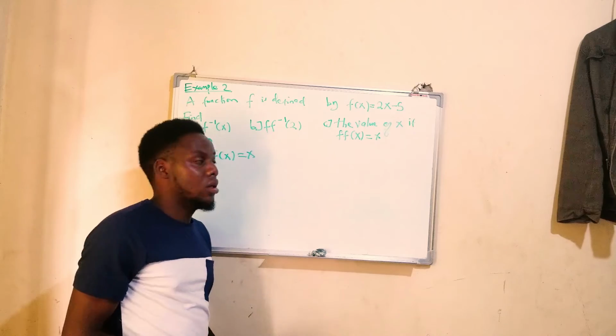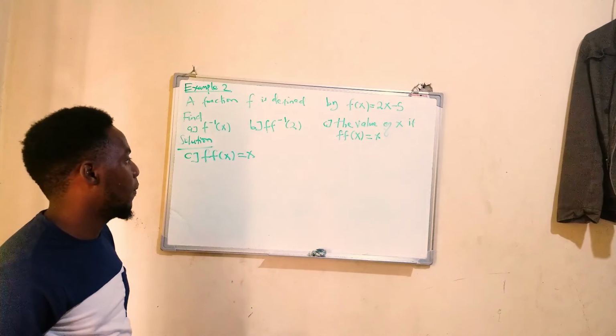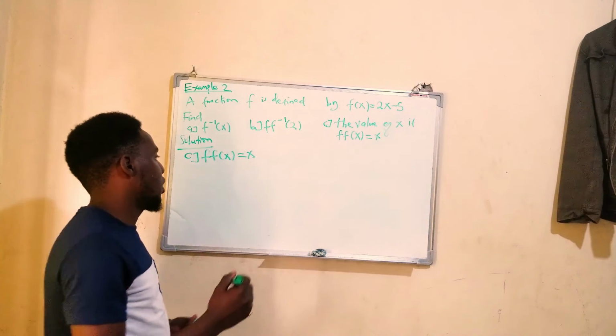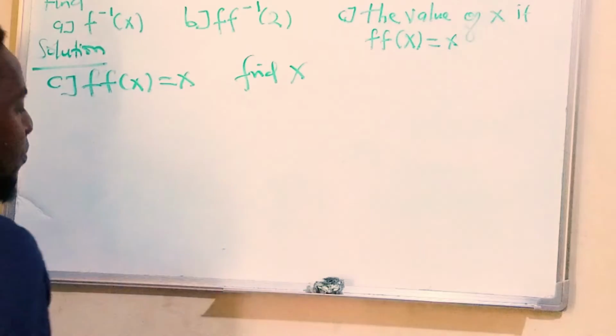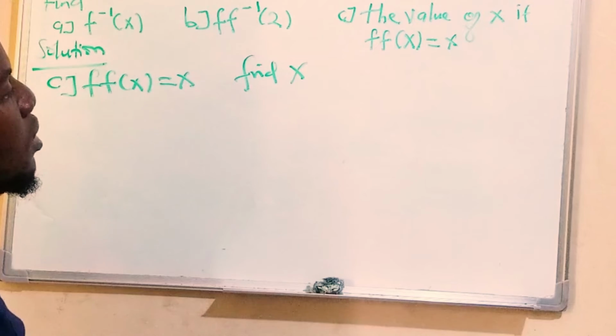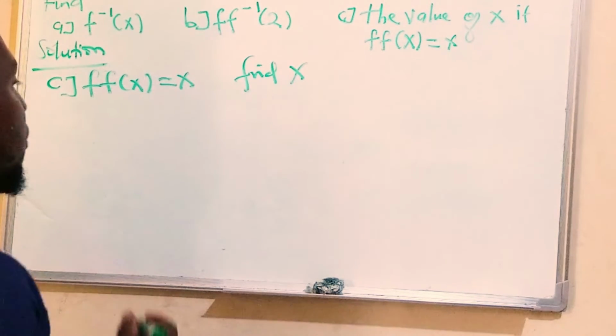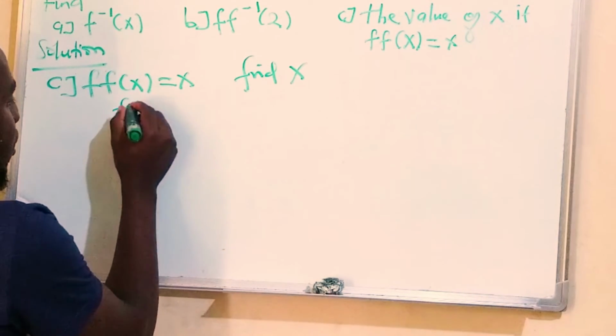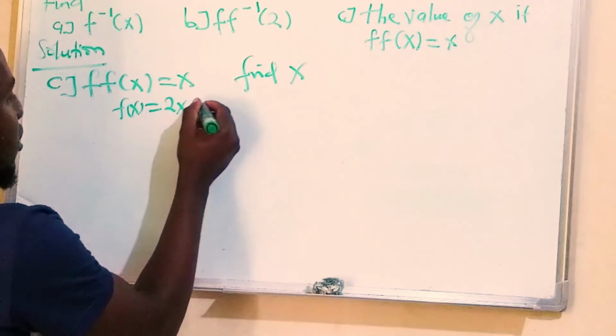So let's look at the final question in our example. It's telling us to find f of f of x. We know that f of x is equal to 2x minus 5.